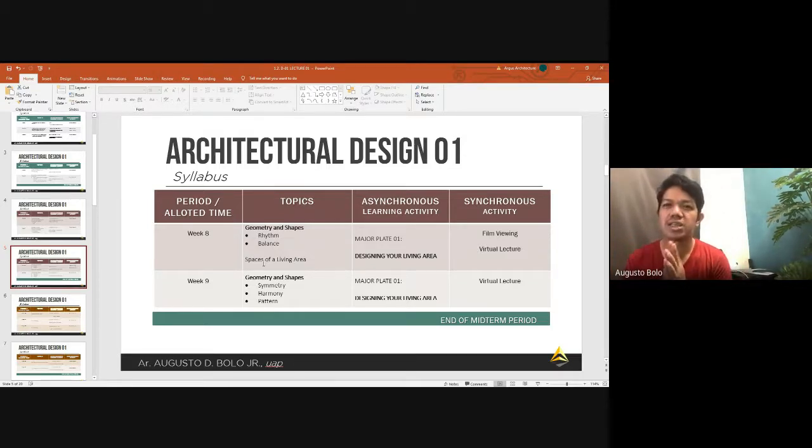Our goal is to have these 37 students in Design 1A. Tama? Tama ba? 37? Our goal is to finish the Design 1 na lahat pa kayo walang nababawas. Okay? Kaya as much as possible, I am trying to make this as interactive as possible.